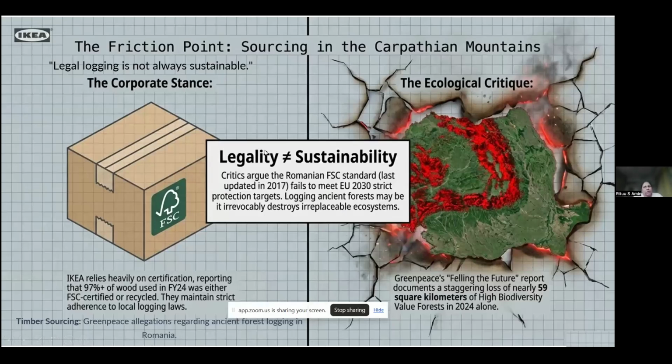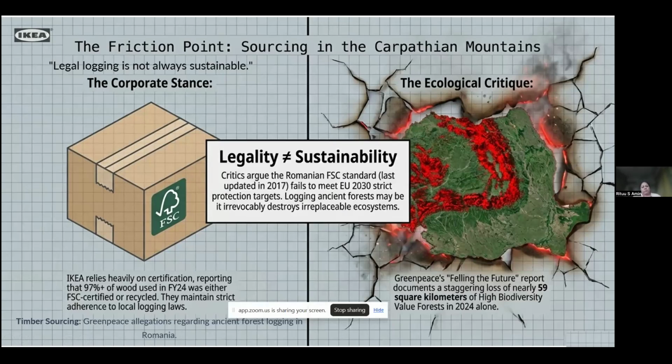And so while the story as of now may seem to be one where they're getting it all right, they did face some challenges, because like I mentioned, the main raw material is wood. They did face some criticism from Greenpeace about the procurement of wood.